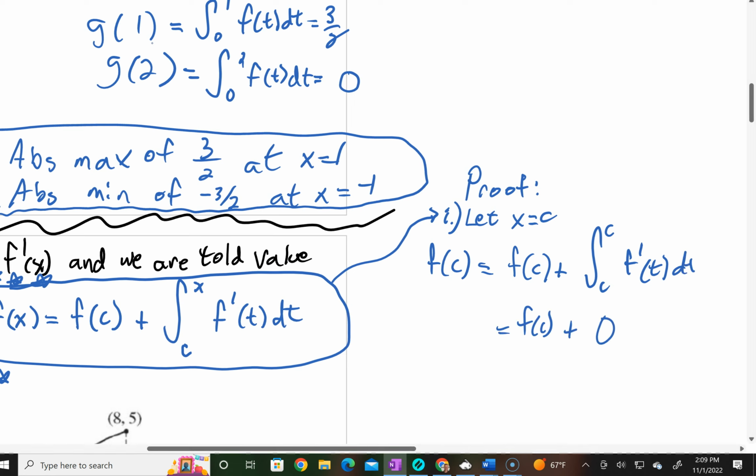Oh my gosh, this part appears to be true. Wow. Now, please understand something. We really haven't officially proved it, but what perhaps might feel a little bit better, you might say, well, yeah, I do believe that when x is equal to c, that box formula checks out.